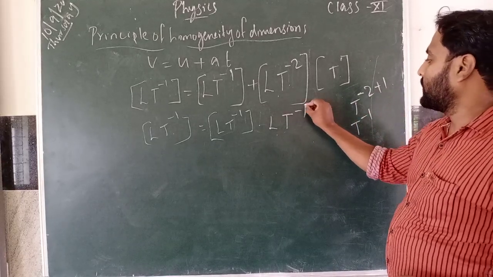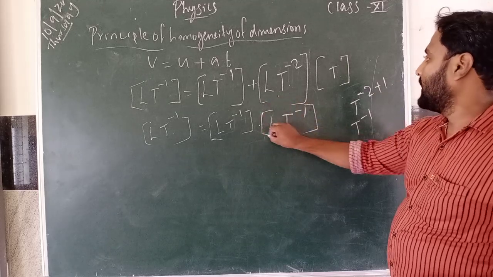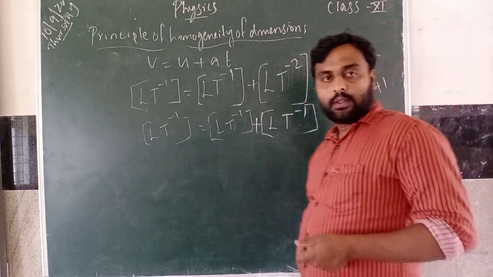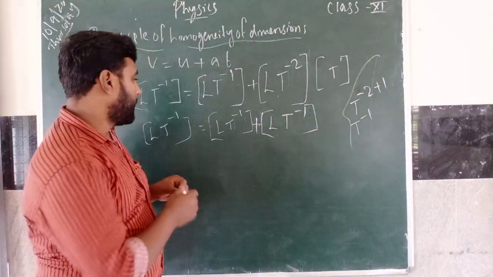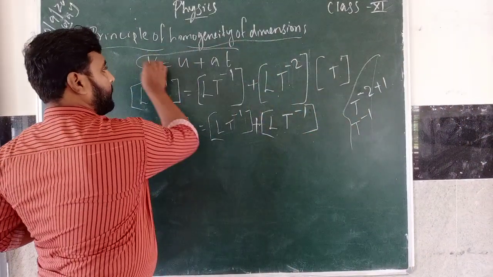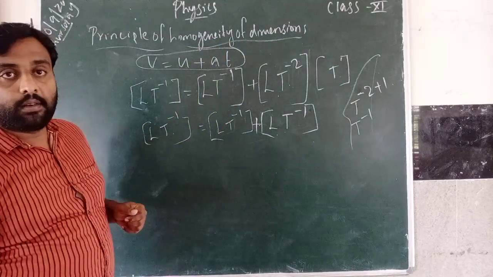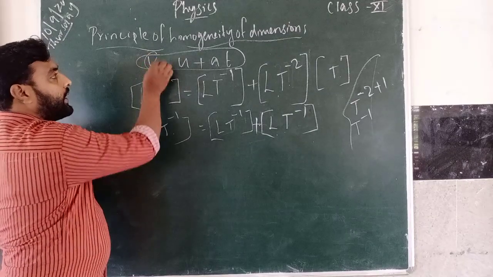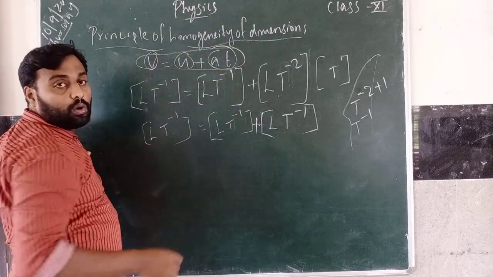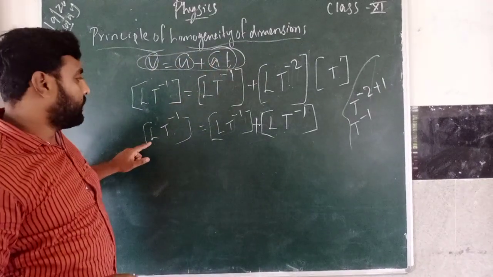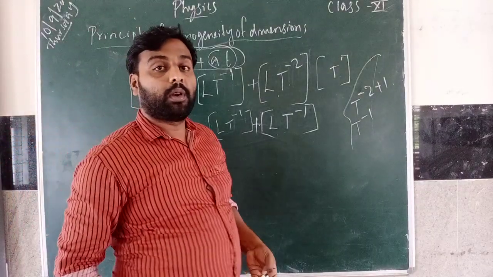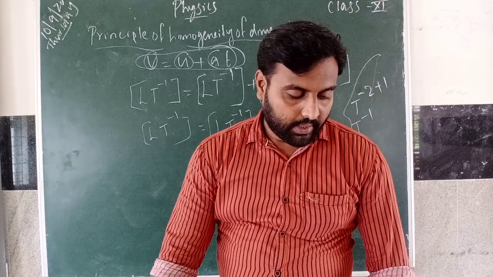T power minus 1. So you see, here plus is there. Again this is a physical expression. All the time, the dimensions should be same. That is the principle of homogeneity of dimension.